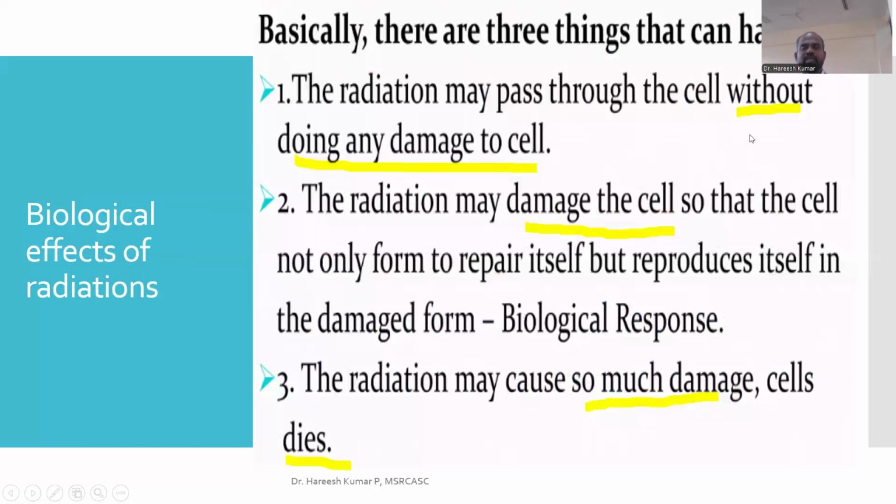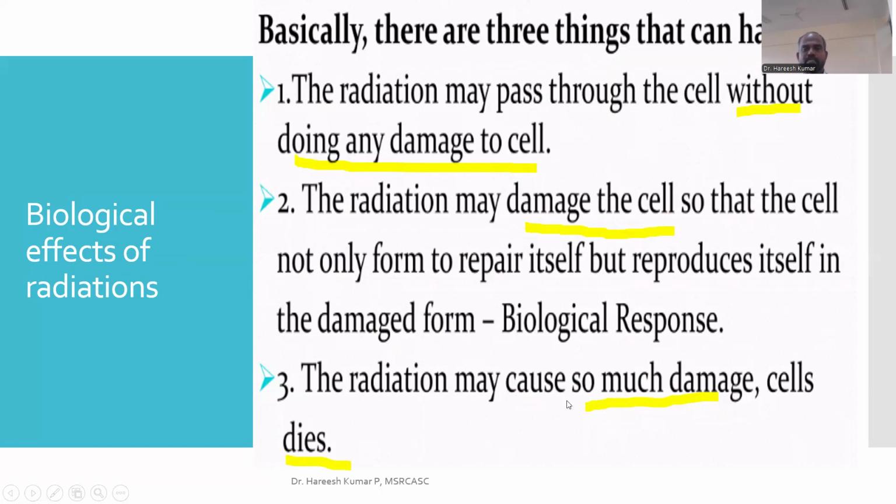Then basically there are three things that can happen. The radiation may pass through the cell without doing any damage to the cell. The radiation may damage the cell so that the cell not only fails to repair itself but reproduces itself in the damaged form. That is called biological response.